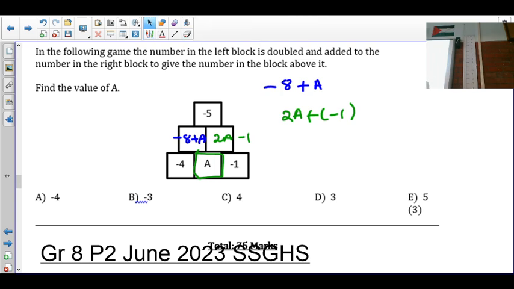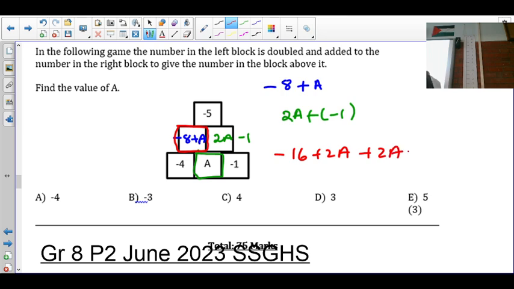Now again, the number in the left block must be doubled. So if I double that number, it's going to be negative 16 plus 2a, plus 2a minus 1. And if I add that together, I get negative 5.